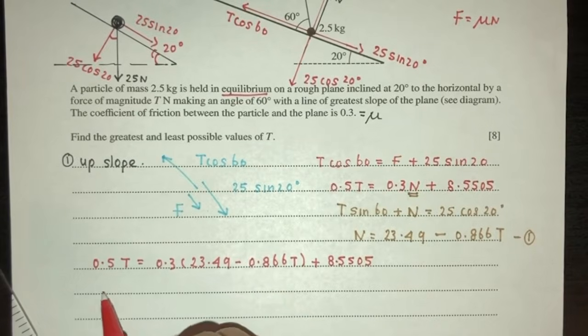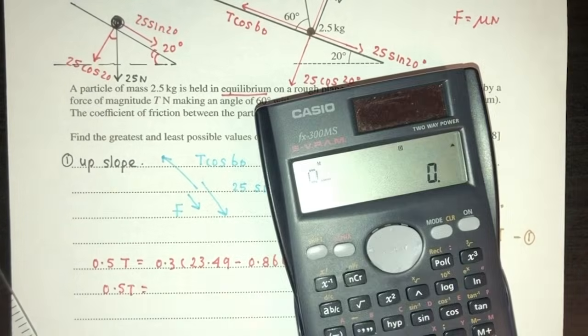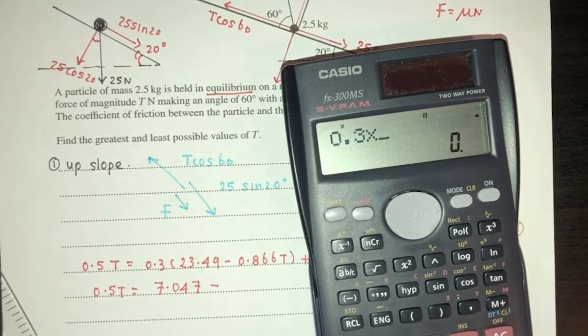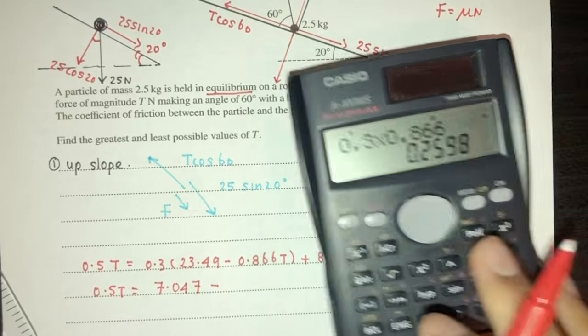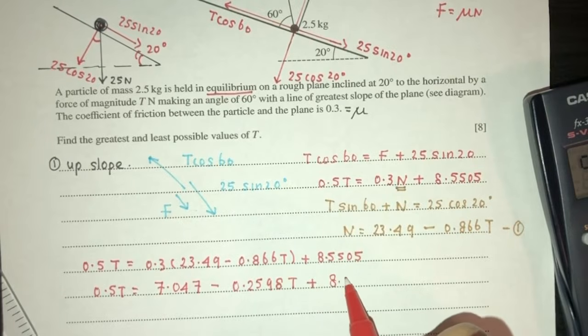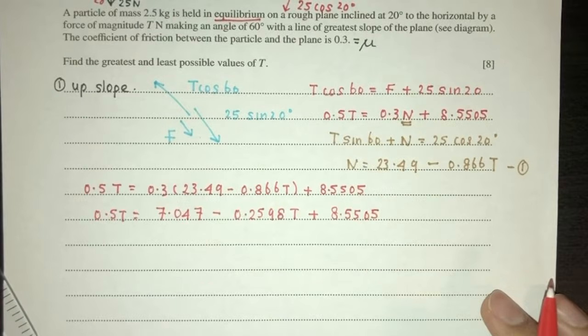Now expand the brackets, you will have 0.5T equal to 0.3 times 23.49, that will be 7.047, minus 0.3 times 0.866, 0.2598T, plus 8.5505. Okay, so let's see what else do we have.